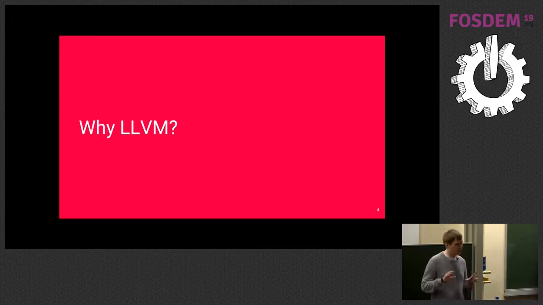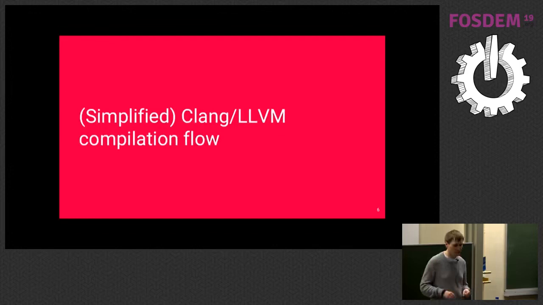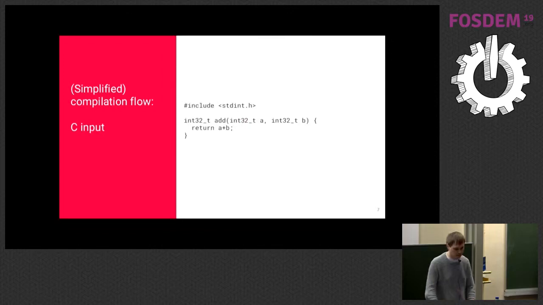So I'm just going to give a brief overview of what a Clang LLVM compilation flow looks like, which we'll use to talk about the tasks that you take on when porting something like LLVM to support a new architecture. So you of course have your C input.